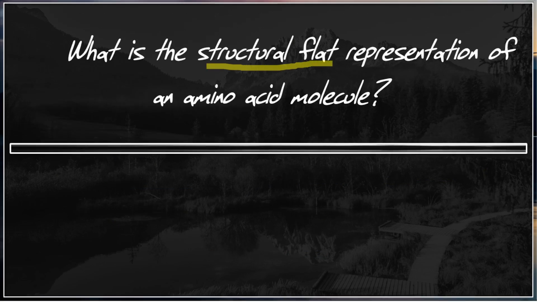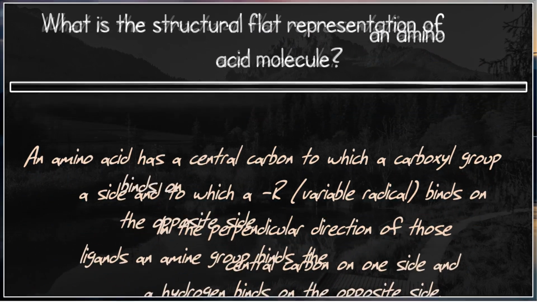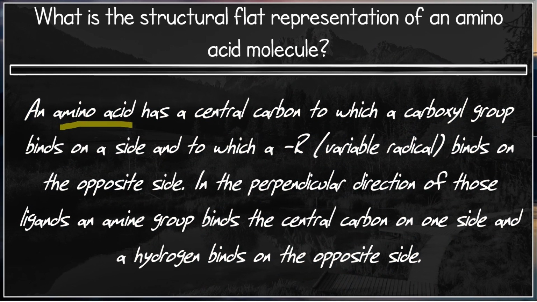What is the flat structural representation of amino acid molecules? An amino acid has a central carbon to which the carboxyl group binds on one side and to which an R variable radical binds on the opposite side.